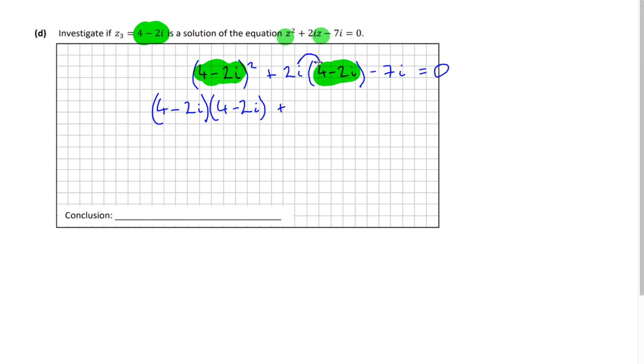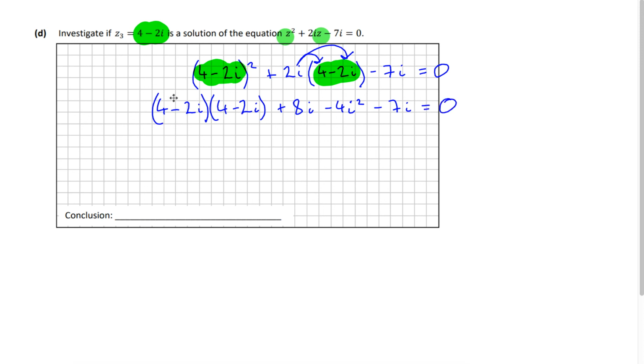Now we can multiply this in. 2i times 4 is plus 8i. And 2i multiplied by minus 2i is going to be minus 4i squared. We still have our minus 7i here. We're still hoping it gives us 0.